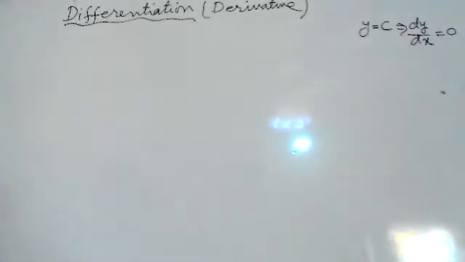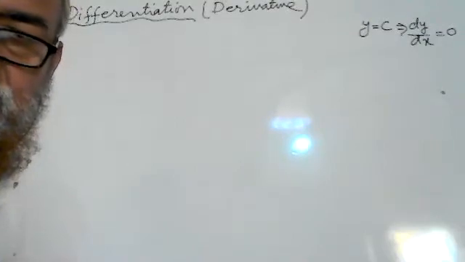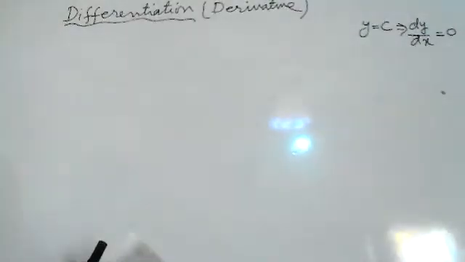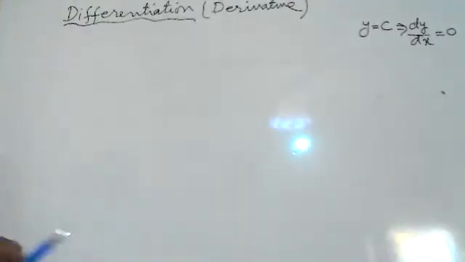So the derivative of a constant function is always 0.